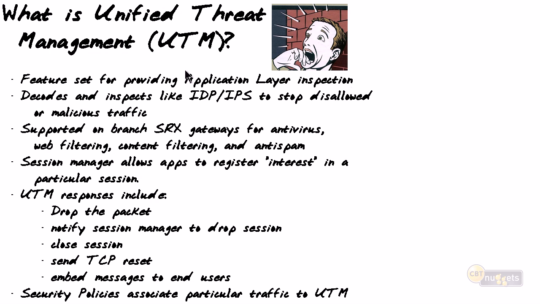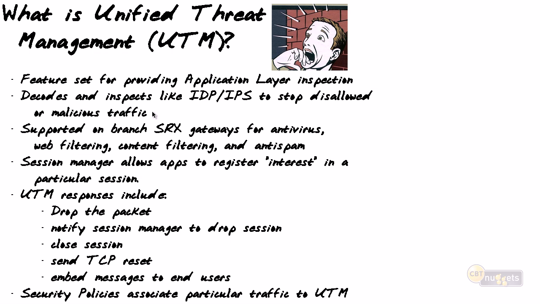What is the goal of UTM in the feature set? We're going to decode traffic, and we're going to inspect traffic to stop traffic that's not allowed or is illegal or doesn't conform to protocol behavior or is just flat out malicious.